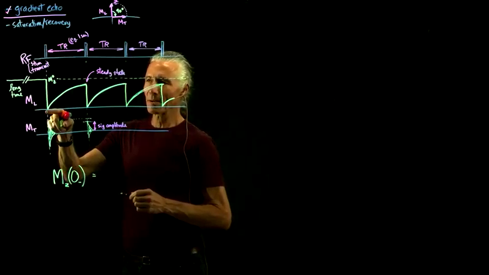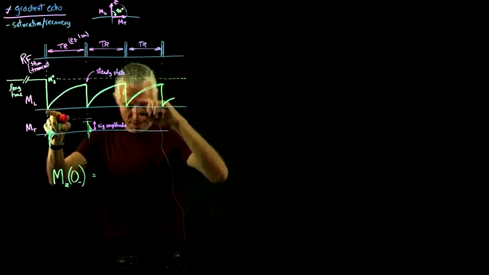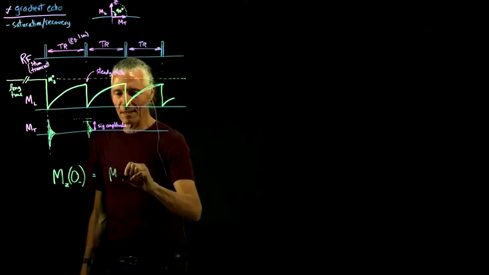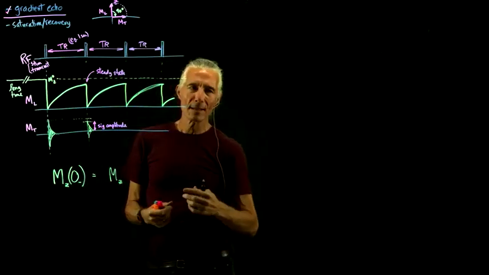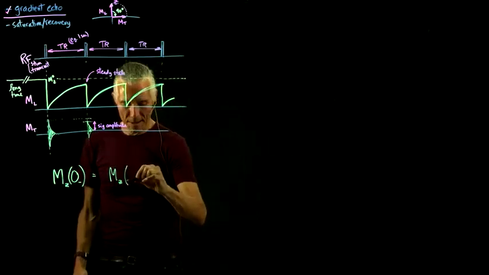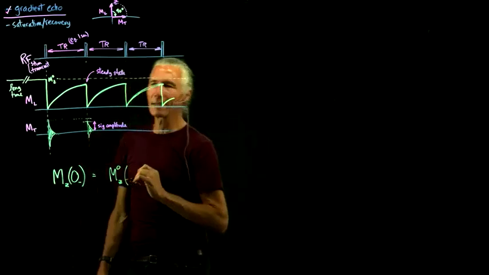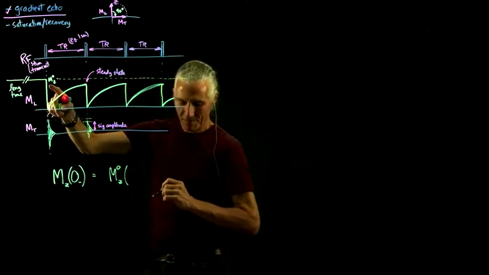If you run the Bloch equation starting at time t equals 0, it looks like the solution to the Bloch equation with TR inserted as the time. So it would be MZ0, that actually is the MZ0, so that's this proton density.